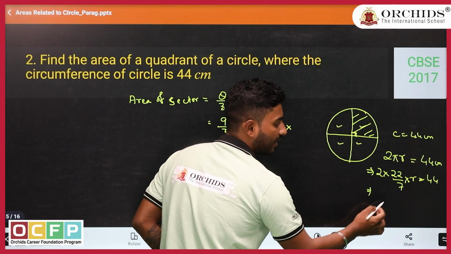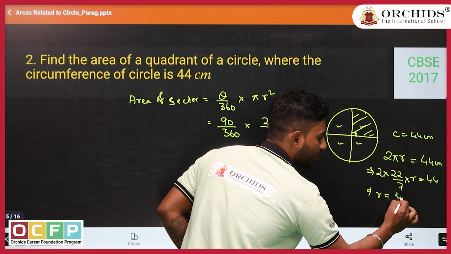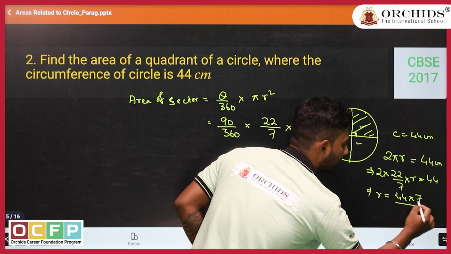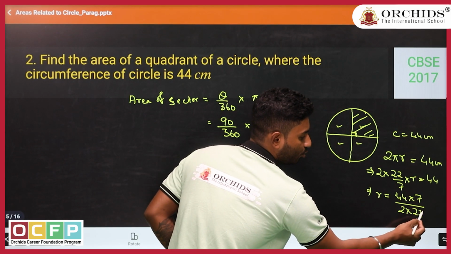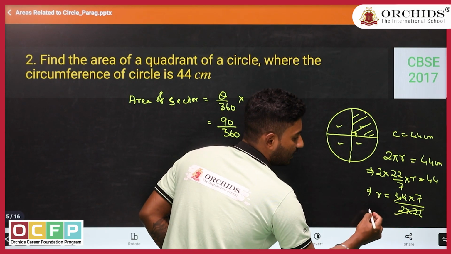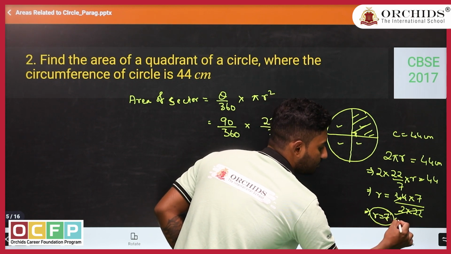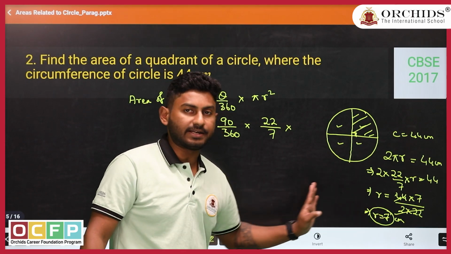Yes, definitely we can. Shift it that side. R will be equal to 44 into 7 by 2 into 22. Here 22 and 44 cancel, so r will be equal to 7. So from the given condition, we have found the radius.